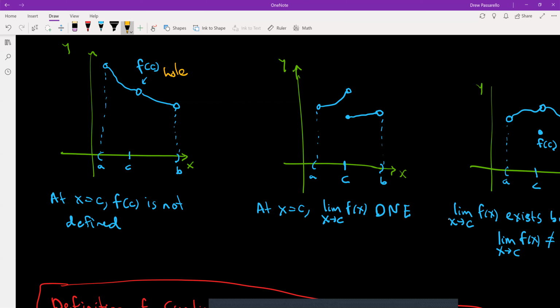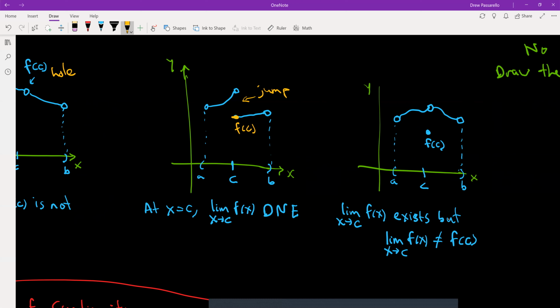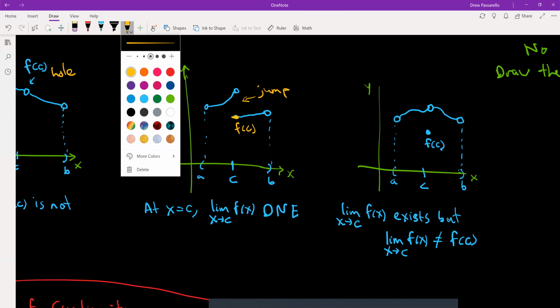It's not connected around c. And since it's not connected, we say the limit of the function as x approaches c does not exist. And that's because if I look at it from the left side and right side of c, so approaching c from the left side, the graph keeps approaching this hole.